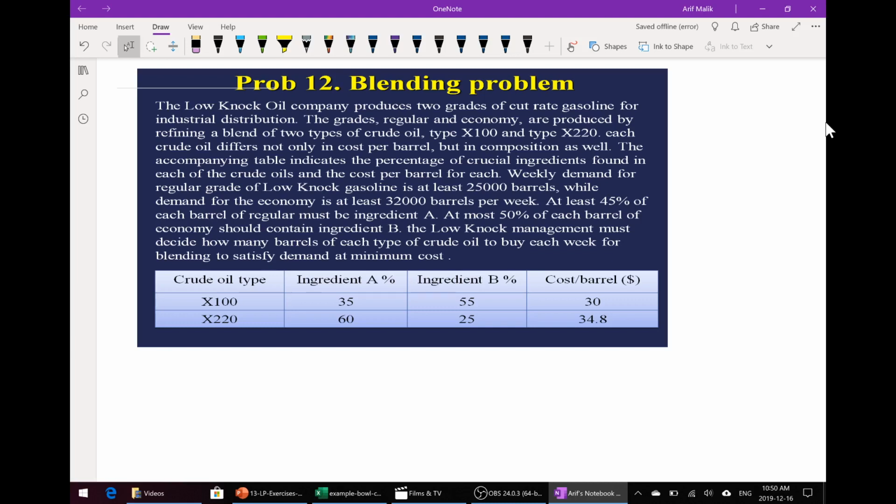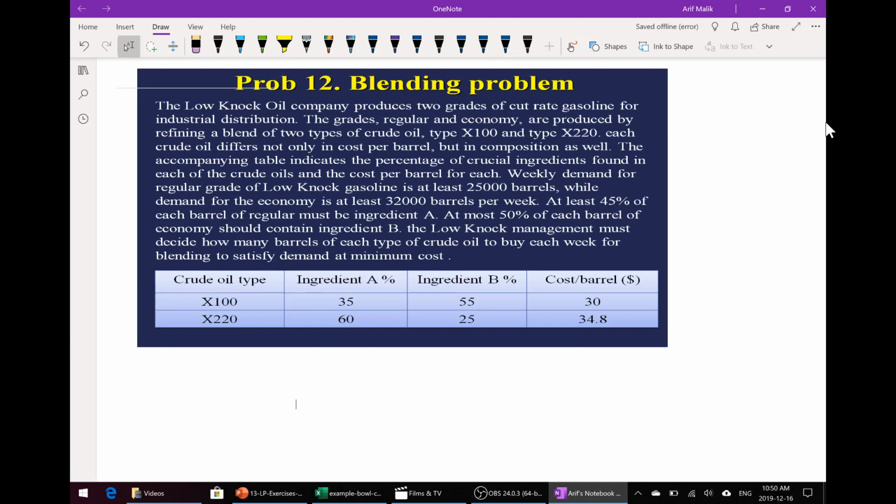Okay, let's see problem number 12, the blending problem. The Low NOx Oil Company produces 2 grades of cut rate gasoline for industrial distribution. The grades, regular and economy, are produced by refining a blend of 2 types of crude oils, type X100 and type X220. Each crude oil differs not only in cost per barrel but in composition as well.